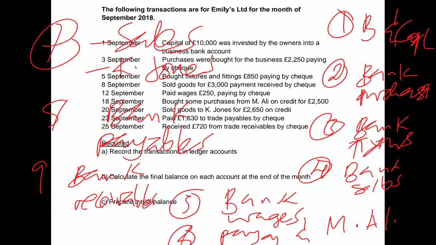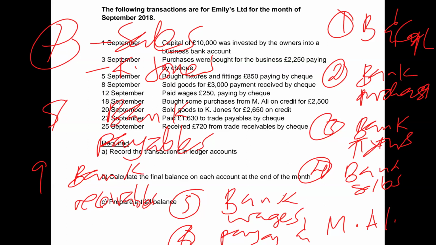The key thing is that it's a purchase, so we received it. But the issue is that we received it on credit.